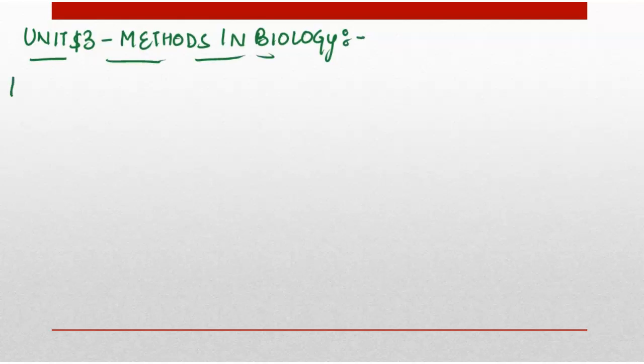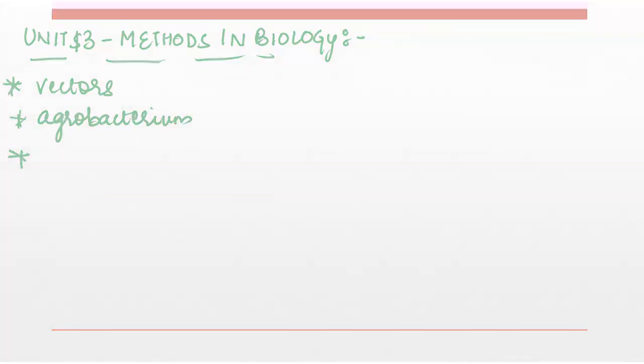First topic is vectors. You should know their capacity, which gene size can be inserted in them, what are their properties and the different types. Agrobacterium, very important, we definitely get a question from this, Agrobacterium. Do it.